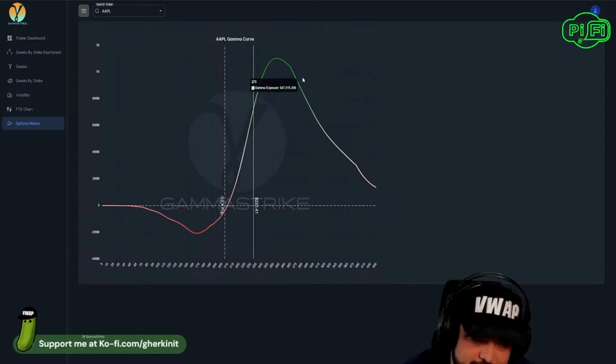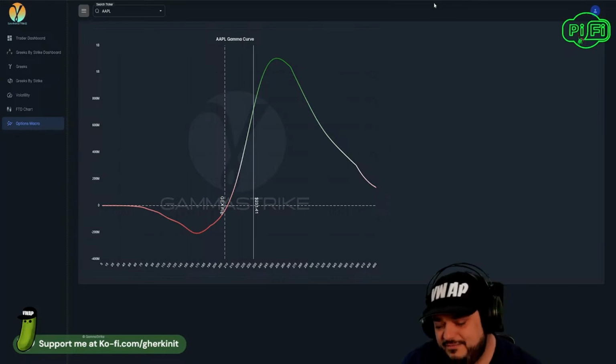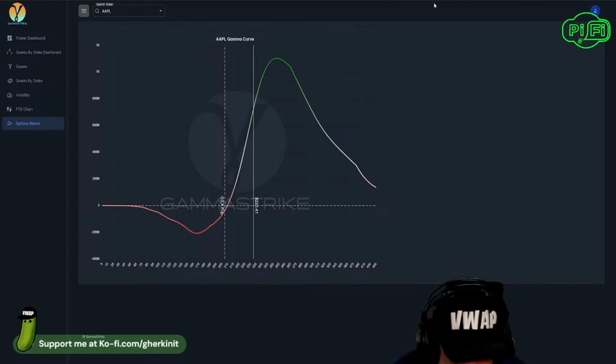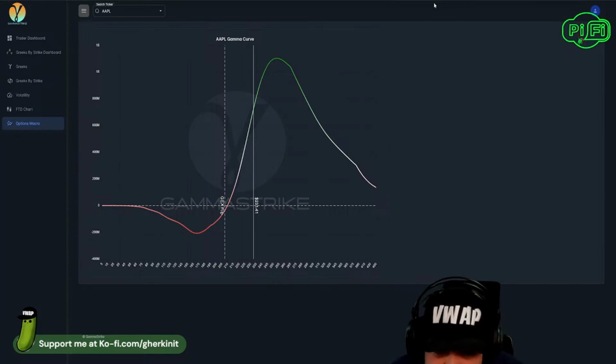It lets you really quickly look at things that are overextended or oversold, but not in the traditional sense of how you would look at them with something like RSI, but in terms of their options market and the relative interest surrounding the current price.